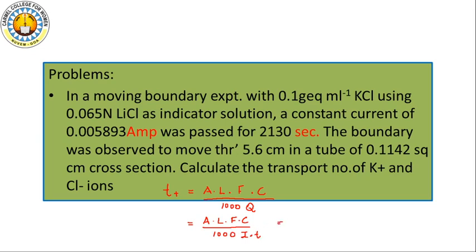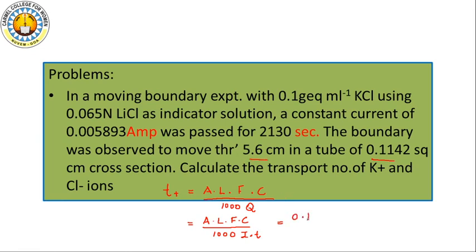So substitute all the values. Sorry, the mistake. A is the area of cross section, length of the tube is here.